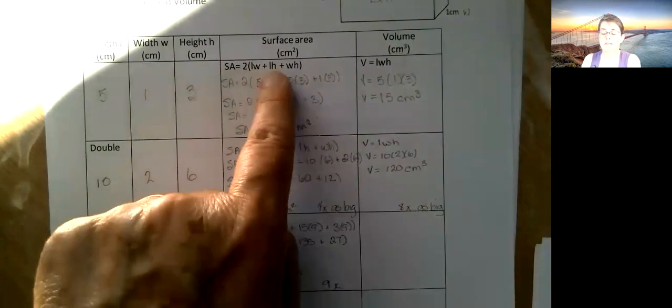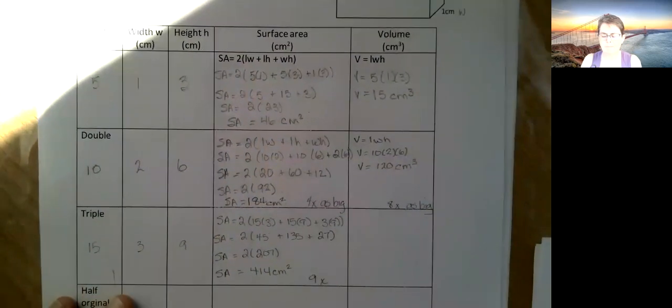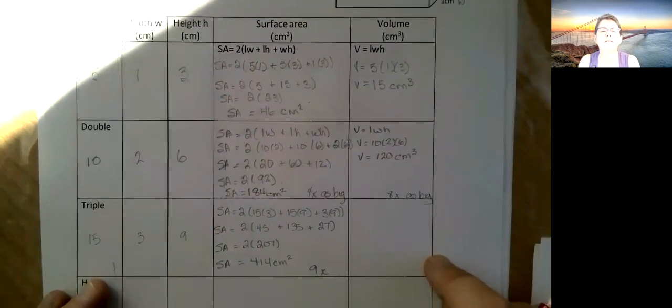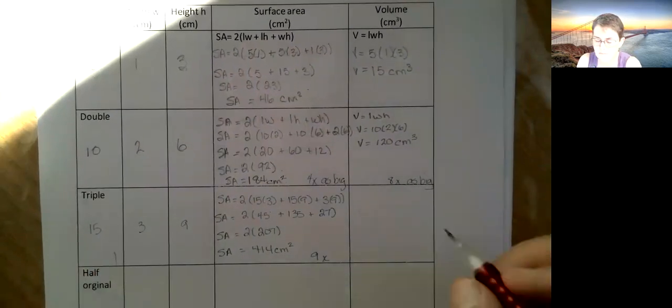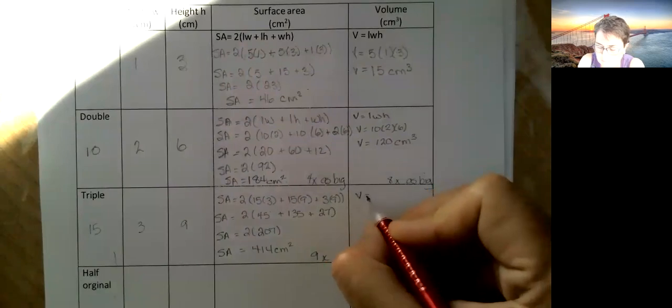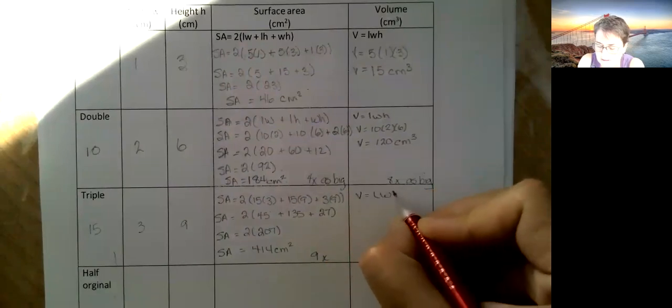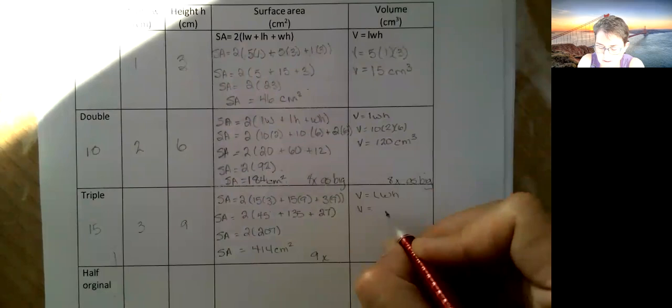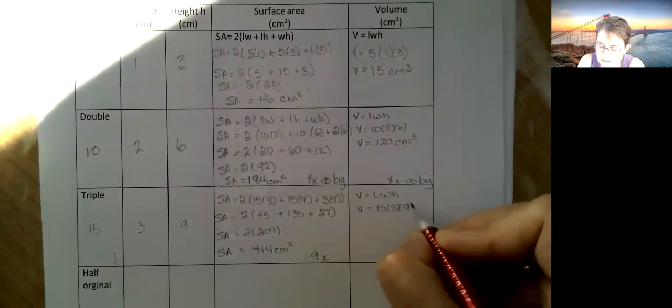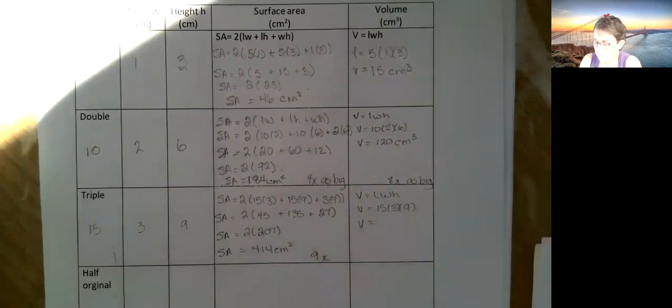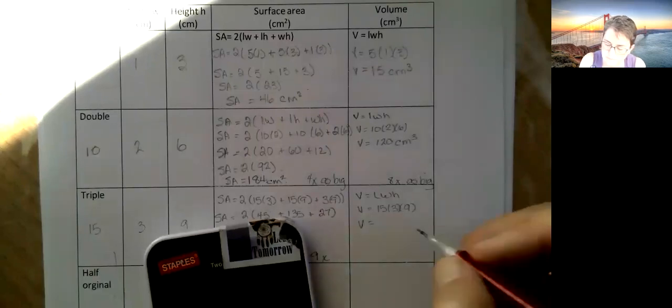So we're seeing a nice pattern here. Don't have enough evidence here to figure that one out. So volume is length times width times height. Volume is 15 times 3 times 9. 15 times 3 times 9 is 405.